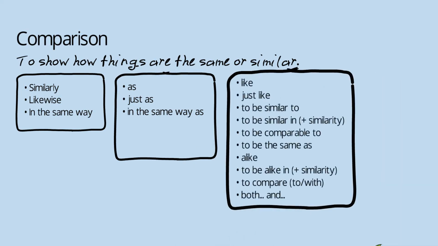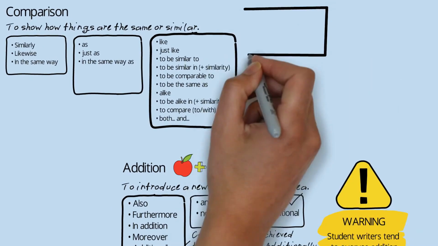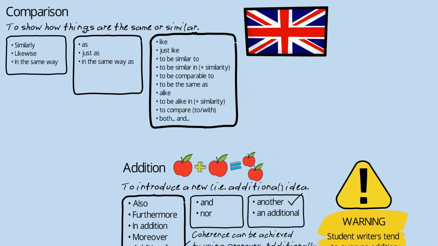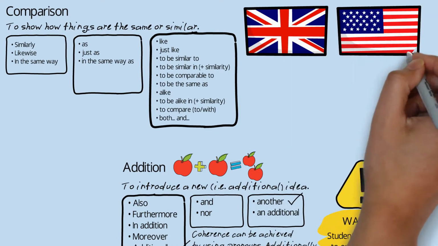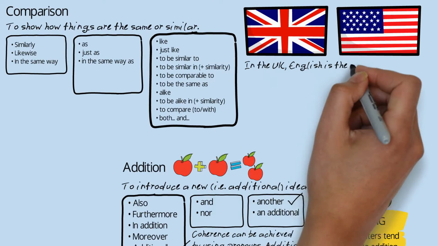And then other transitions for comparison are like, just like, to be similar to, to be similar in, followed by the similarity, to be comparable to, to be the same as, alike, to be alike in, to compare to or with, both and. So let's look at some examples of these in actual sentences, comparing the UK and the USA.